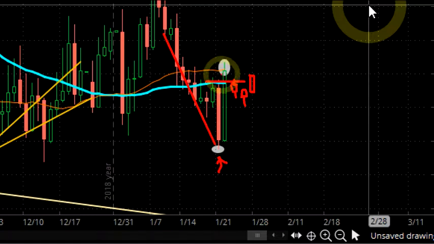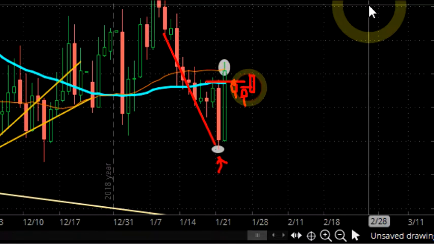So all I'm saying is we've had a close above the high of the low day, and this is potentially a signal. Now, whether you just go in and buy the next day, or you wait to see if it pulls back, and then you get a close above this, this is the low, this is the low day after this pullback. It's just a way of trying to figure out, kind of fine-tune your entry.